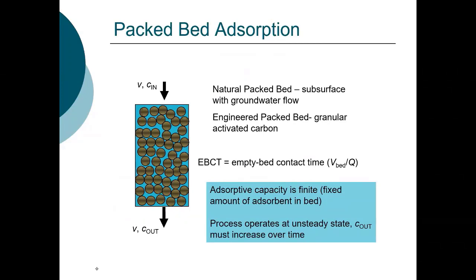So you have some sort of media, could be soil. In this case, it's activated carbon in a column. So we have some sort of a column here filled with this media, and we're allowing water to flow at a particular flow rate through the reactor.